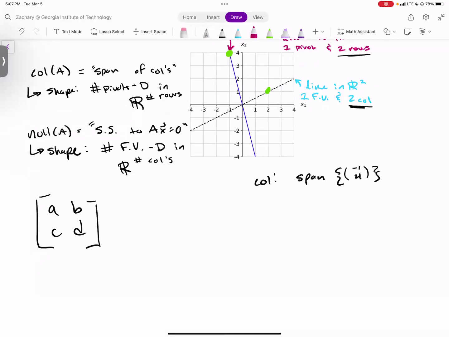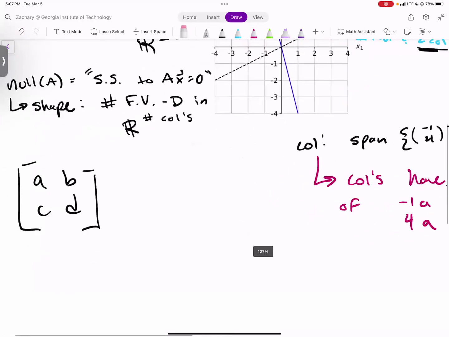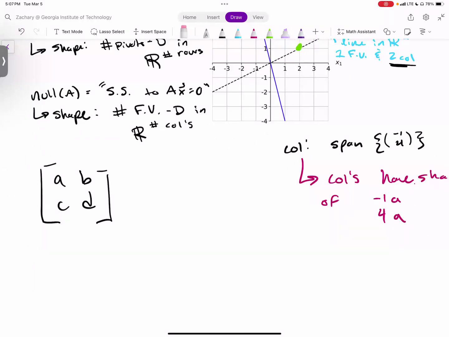So this tells me the shape is -1 times some number, 4 times that same number. Okay, so what does that mean for this matrix over here?